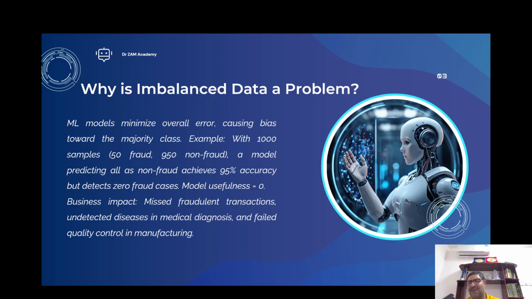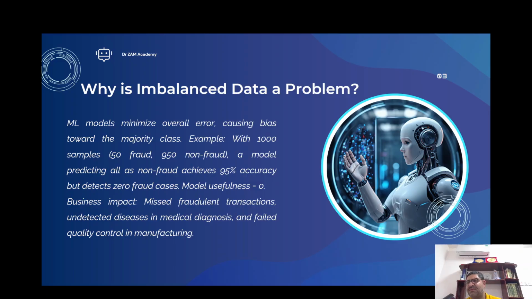When a machine learning model is learning, a natural bias is created towards the majority class, because it is available in majority. For example, from 1,000 samples, 50 are fraud and 950 are non-fraud.